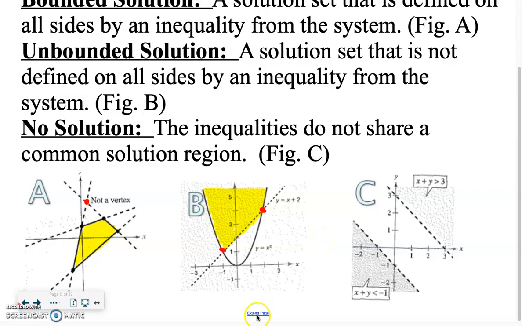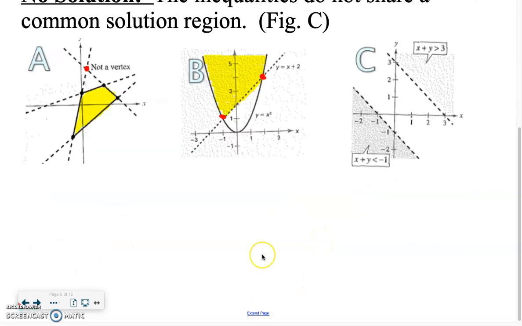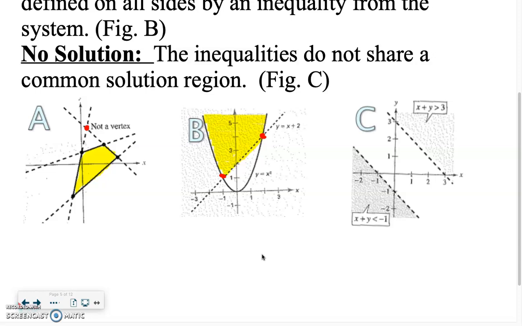So remember when we had systems of equations, we said that the vast majority of the time we came up with one solution, but it was possible to have an infinite number of solutions or no solution. So we said that when no solution was present, that was because the lines literally were not crossing, which, as we're well aware, we call those types of lines parallel.